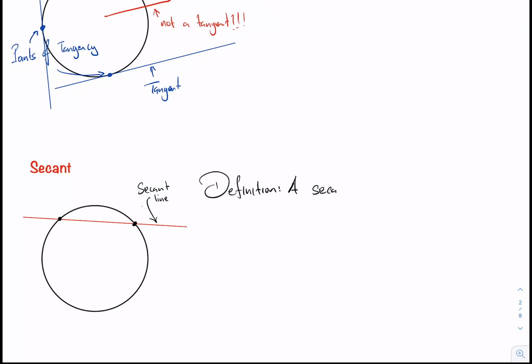So we say a secant is a line that intersects the circle twice. So any line drawn that intersects the circle twice, then that line is a secant line.